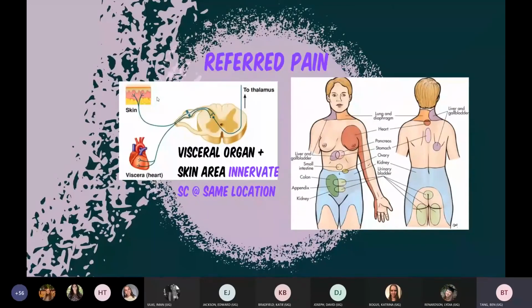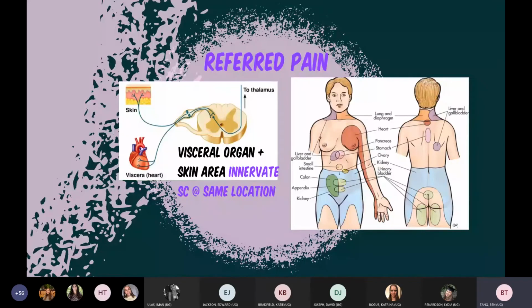So the next thing I was going to move on to was referred pain, which I'm sure you guys have heard a lot. But I'll just try to work through it in a simple way that I understand it to be. Referred pain is basically where your brain gets mixed up with where the pain is coming from. This occurs because parts of the skin and your viscera, which is your internal organs, synapse on the same part and travel up the same route to your brain in terms of pain.